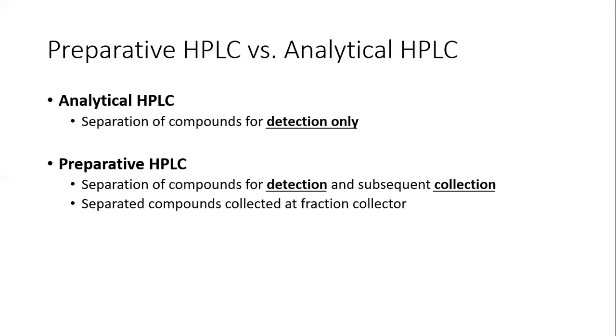That means that you are just using the HPLC to separate the different components of a mixture. Okay? So in the preparative HPLC, you are determining the identities and the quantities as well of each component of your mixture. And then afterwards, it is collected to a fraction collector.